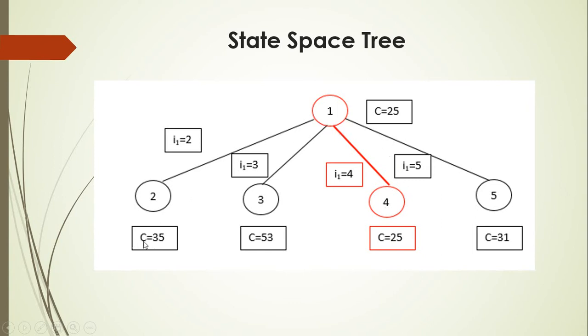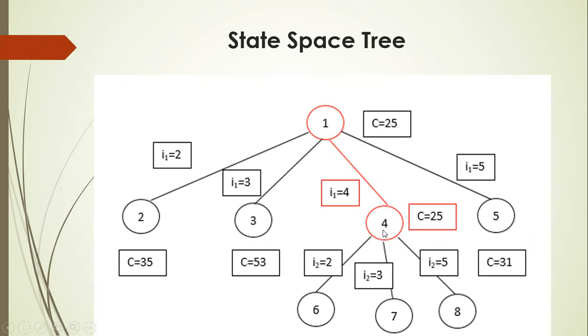So after ranking all those values, we got that 1 to 4 gives you the minimum cost. So the salesman will travel from 1 to 4.